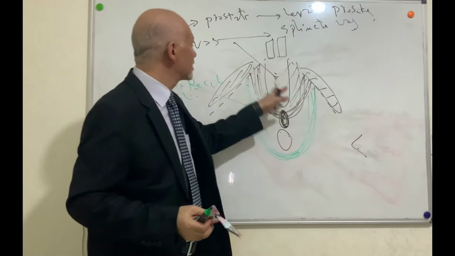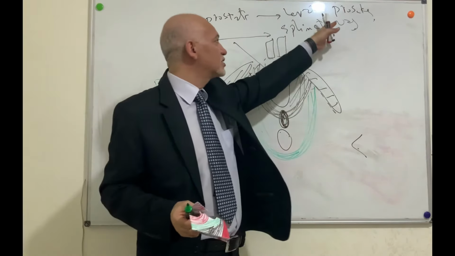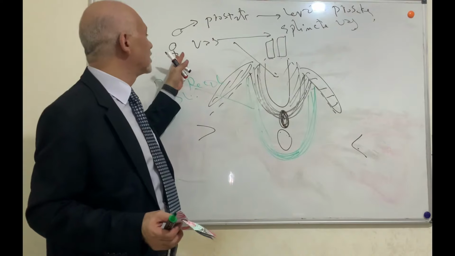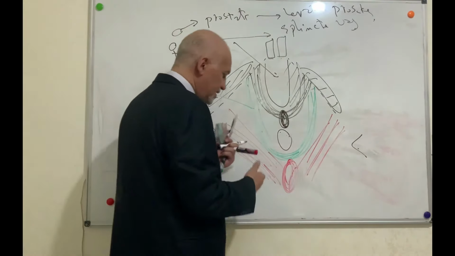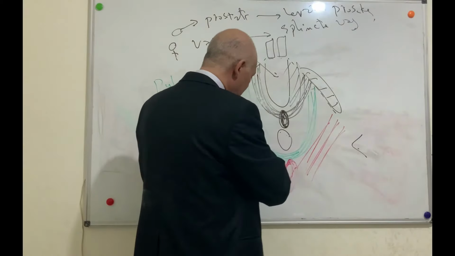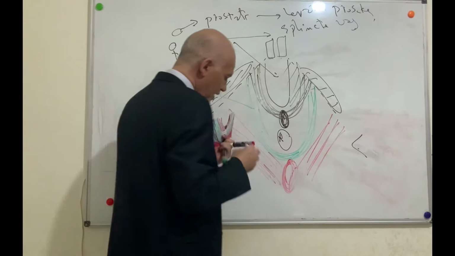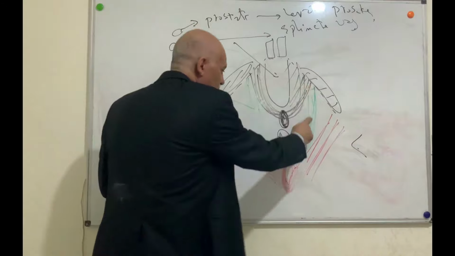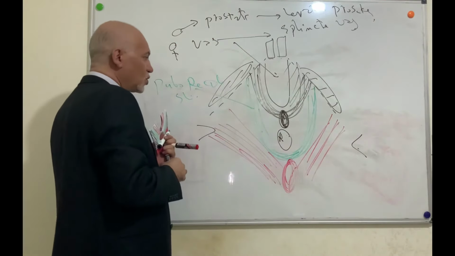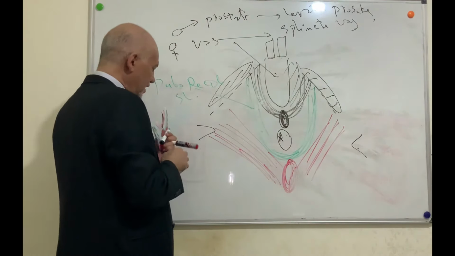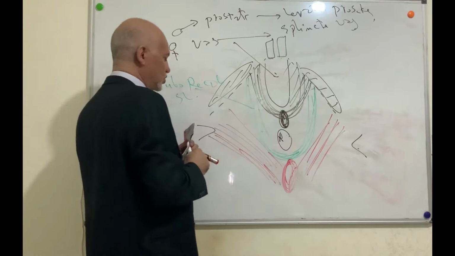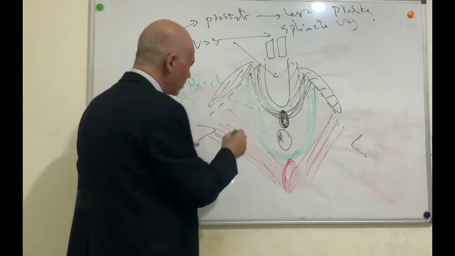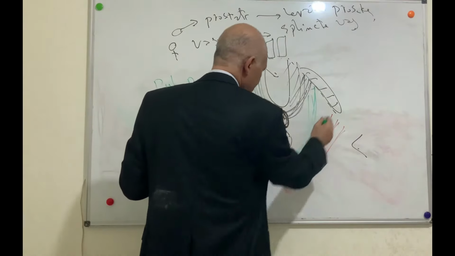Anterior fibers in male are called the levator prostatae, and in female the sphincter vaginae. The intermediate fibers, which surround the rectum here, are called puborectalis and pubococcygeus, in green color.